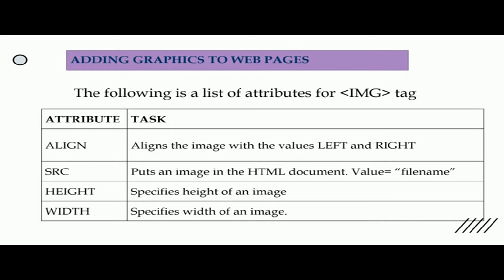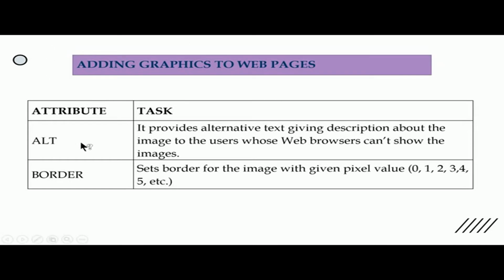Coming to the other attributes, height and width, where we can provide height and width for a particular image. The next attribute is alt. Alt indicates alternate, where we can provide alternative text.